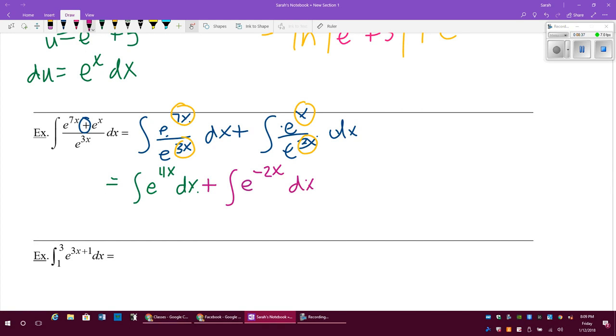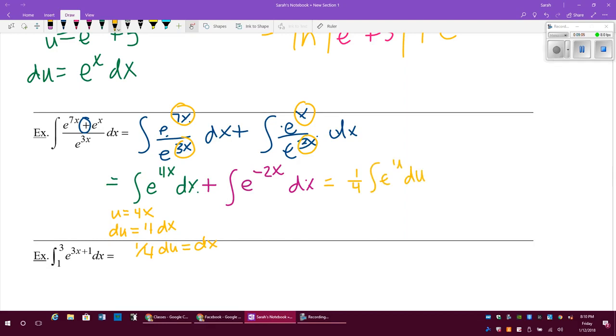And I'm going to take both of these and we're going to throw a real quick u sub on them. So u is 4x. du becomes 4 dx. I don't have a 4, so 1/4 du is equal to dx. So I can take my first one and completely rewrite it as 1/4 integral e to the u du.